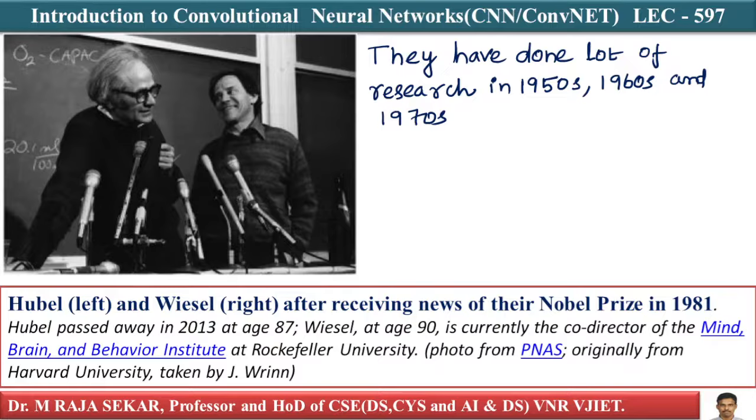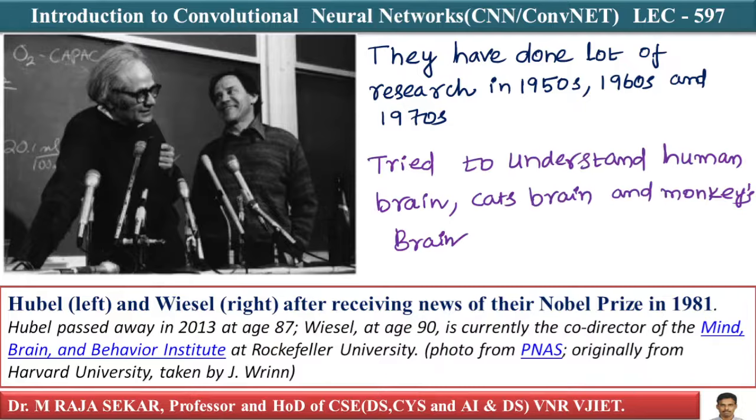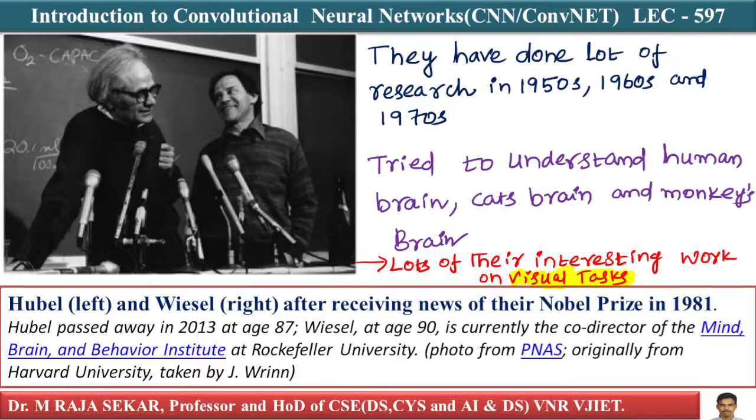They were trying to understand the brain of cats and monkeys. They did lots of experiments on cats and monkeys to understand how the neuronal system of vision works. They focused lots of their interesting work on visual tasks.